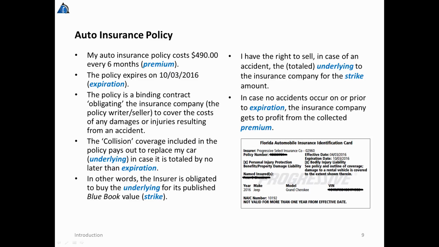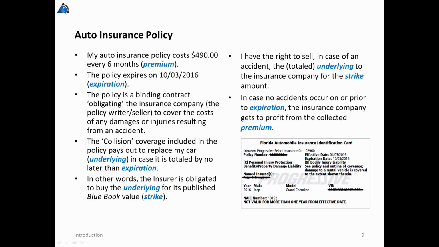That's the underlying. The contract states that I can sell that car should it ever get totaled back to the insurance company for the Blue Book value of the car. That's the advertised price, the strike.